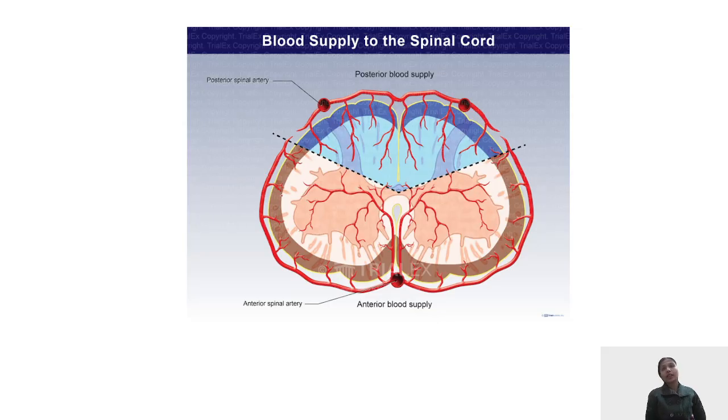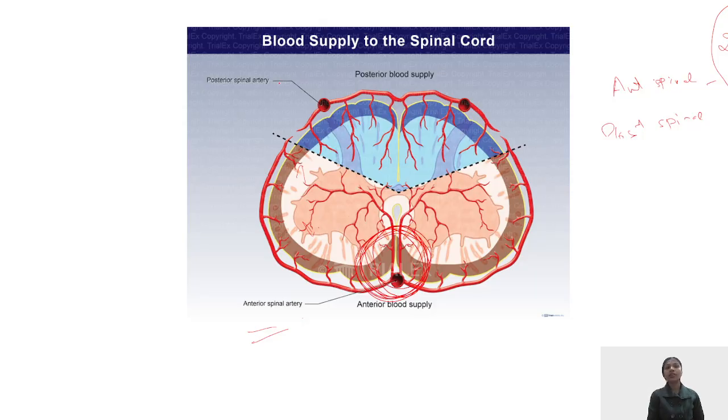Now the blood supply of the spinal cord. Remember just one thing. We have the anterior spinal artery and the posterior spinal artery. Majorly, the anterior spinal artery supplies 2/3 of the spinal cord, almost the whole ventral part, and it is only single. As you can see in the diagram, there is only one anterior spinal artery.